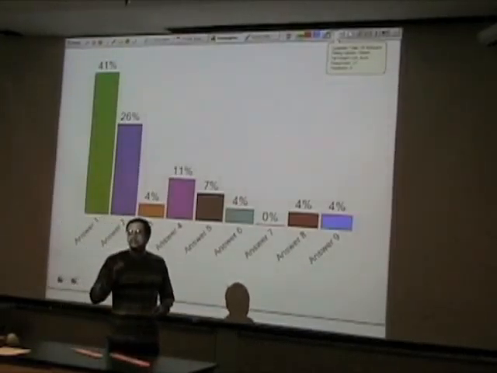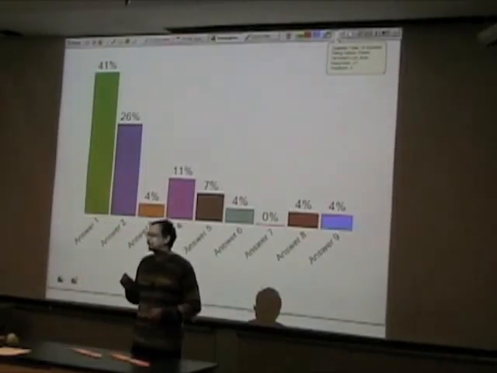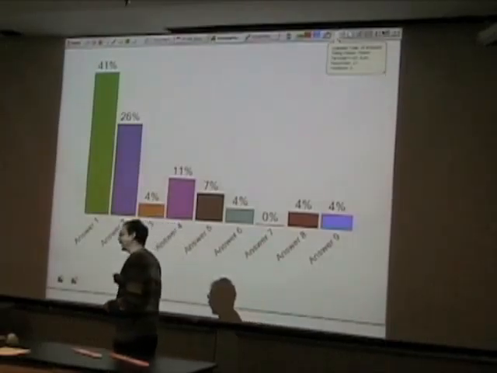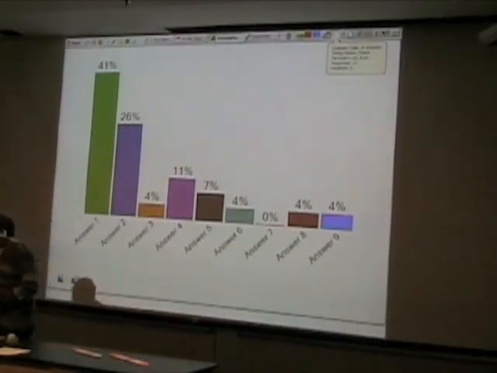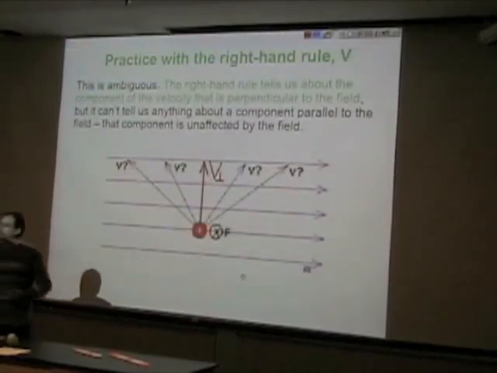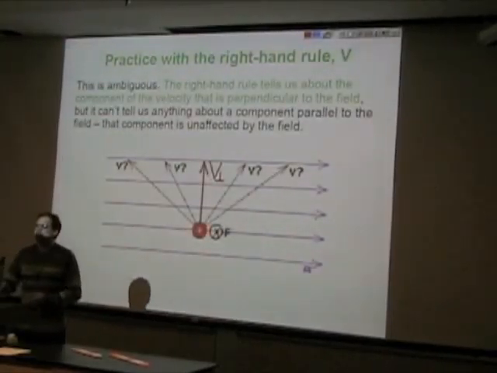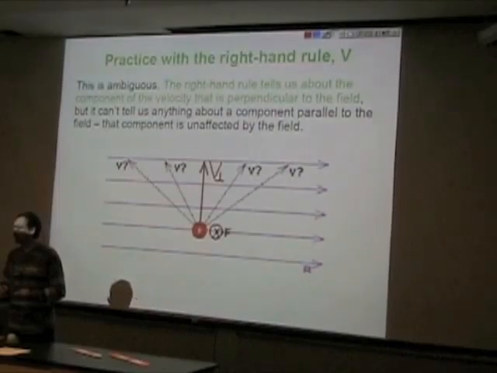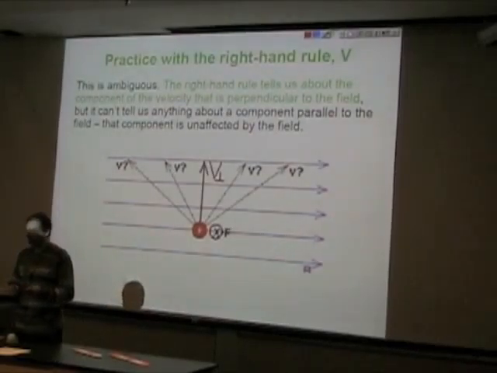The component of the velocity, which is perpendicular to the field. So, in this situation, what you can find out is the direction of the component of the velocity perpendicular to the field only.